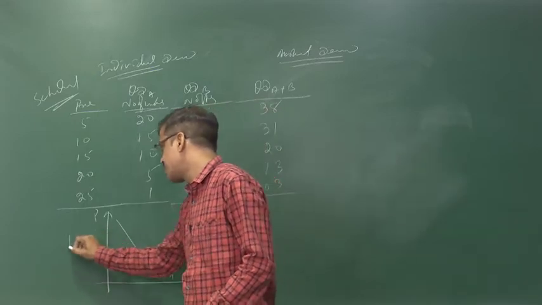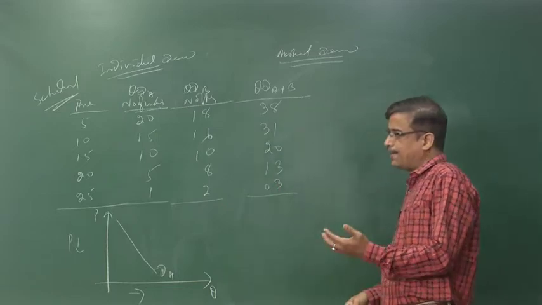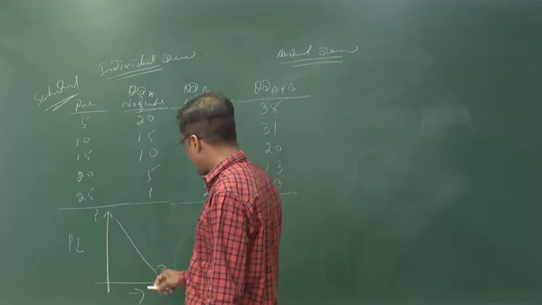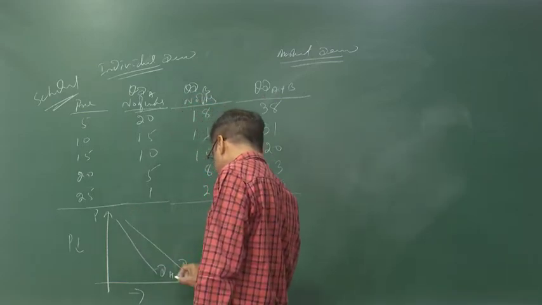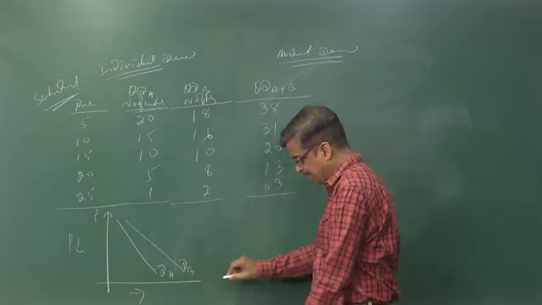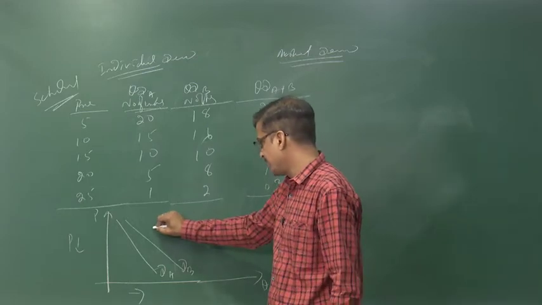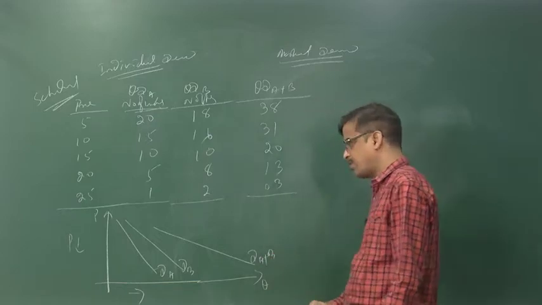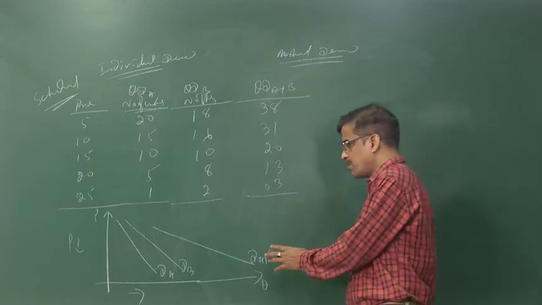When price falls, quantity demanded increases. Similarly, for individual B, let us assume this is the demand curve of B. So, individual A's demand is that, individual B's demand is that, and when we join them together we find a flatter demand curve, the demand of A plus B, the horizontal addition of individual A's demand and B's demand. So, this is called the market demand curve.